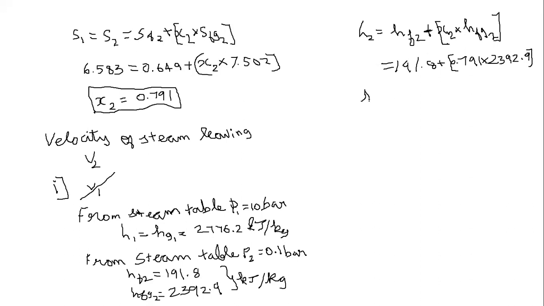So therefore the H2 value is 2084.6 kilojoule per kilogram.